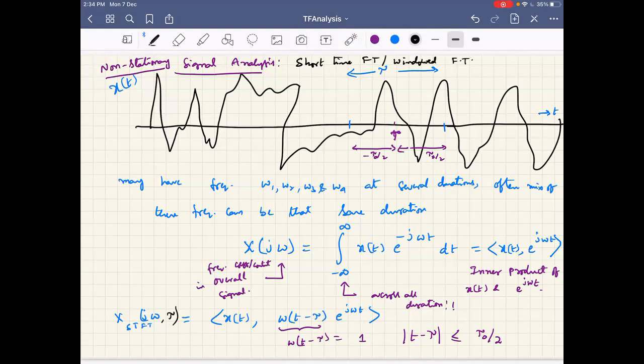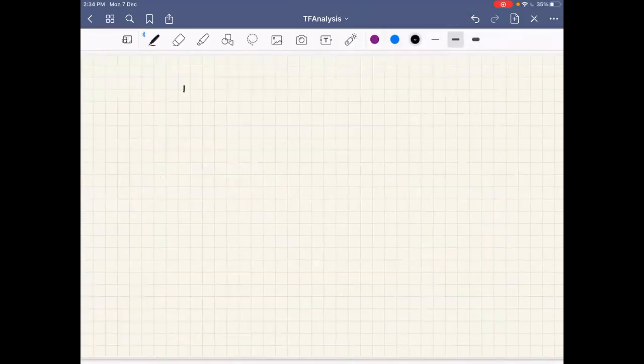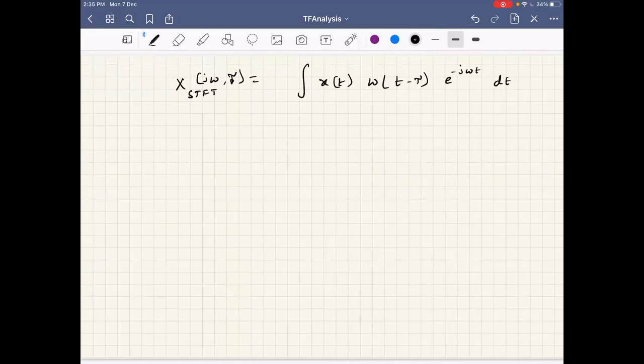Let me expand this windowed Fourier transform in the next slide to see more clearly what we are doing. The short time Fourier transform X of j omega comma tau is equal to the integral of x of t, with the window w of t minus tau, e power minus j omega t dt, from minus infinity to infinity.